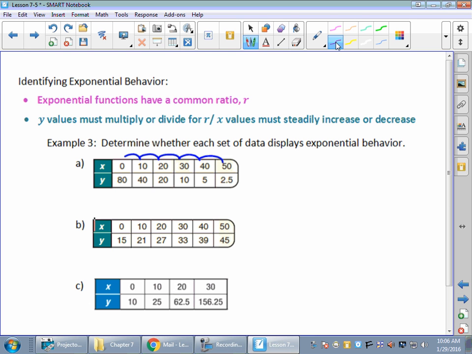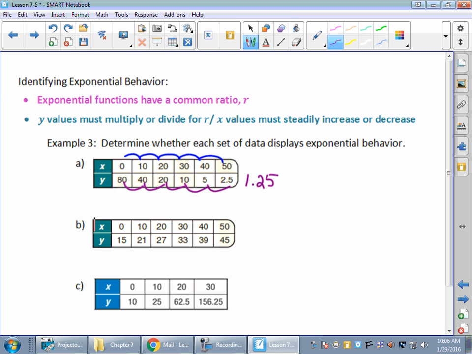The y's, however, are what we care about. What do you do to get from 80 to 40? How about from 40 to 20? Does this hold true? How about from 20 to 10? How about from 10 to 5? How about from 5 to 2.5?